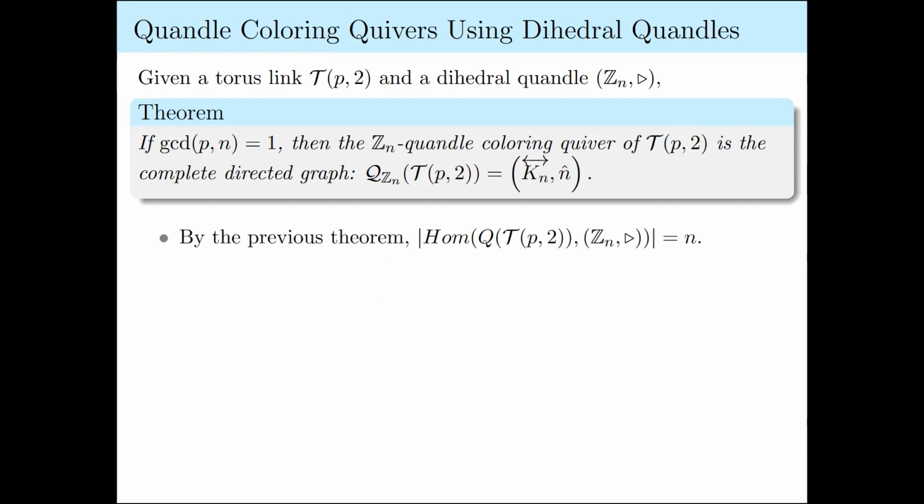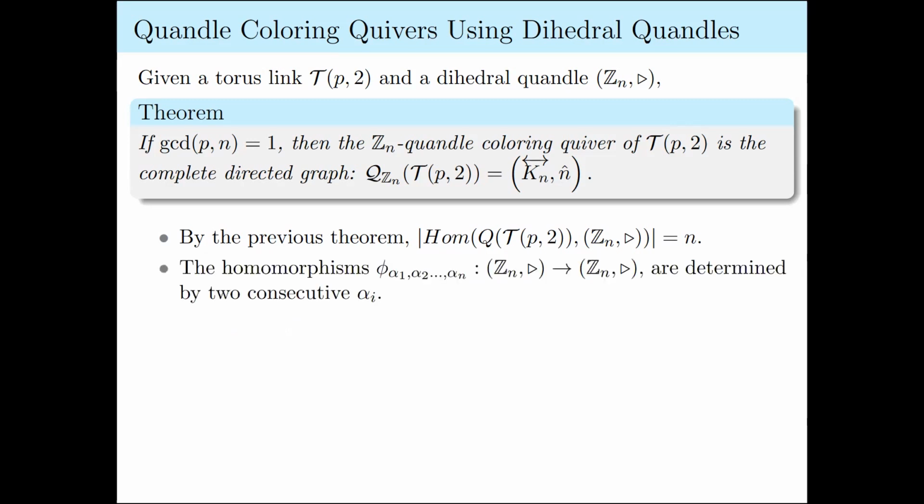The proof of this comes from identifying the coloring space in this scenario as having size n. We also know that homomorphisms from the dihedral Quandle Zn to itself have the form phi sub alpha, where the alphas are determined by any two consecutive alphas. If we focus on the first two alphas, alpha 1 and alpha 2, we can fix alpha 1 and note that there are n homomorphisms of the form phi sub alpha 1, x.